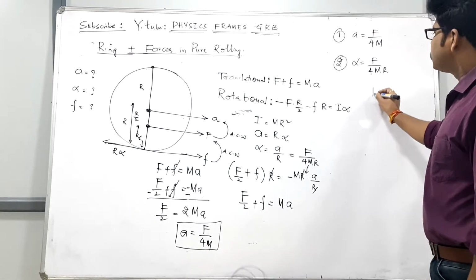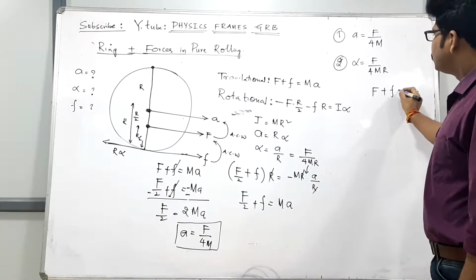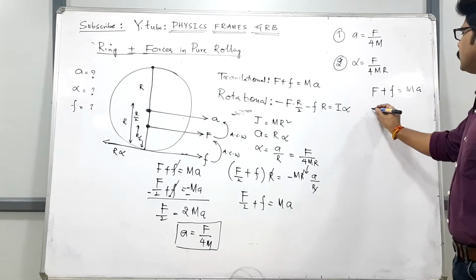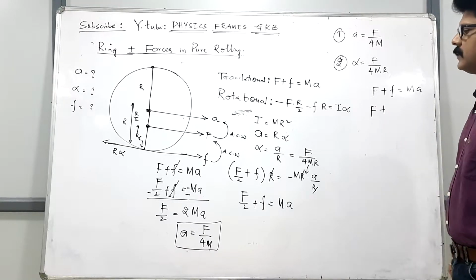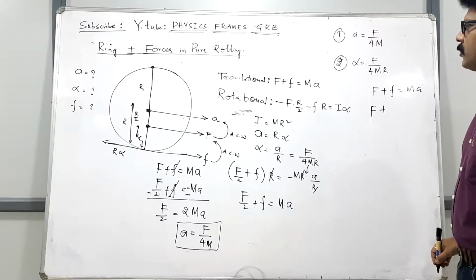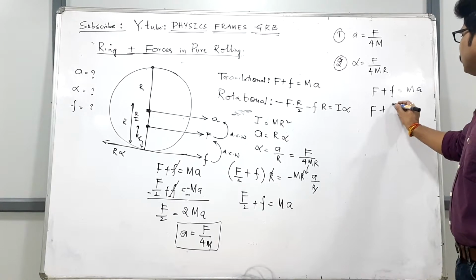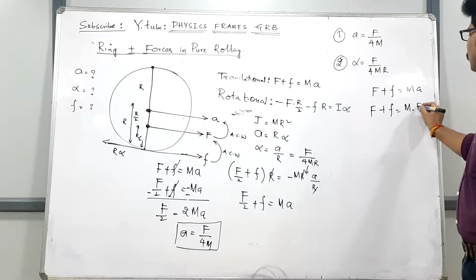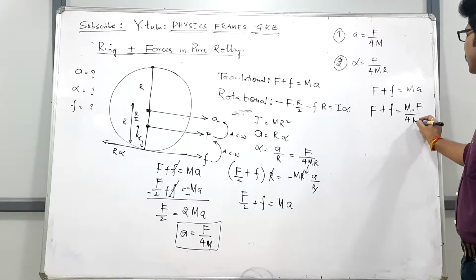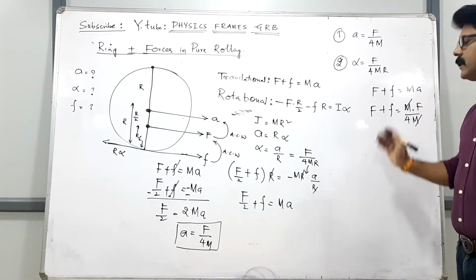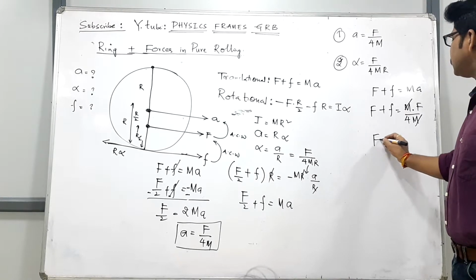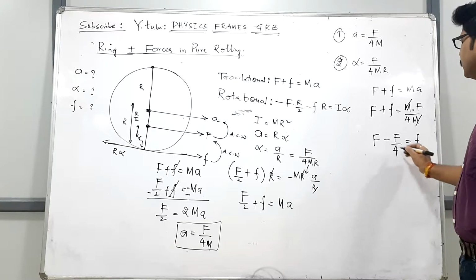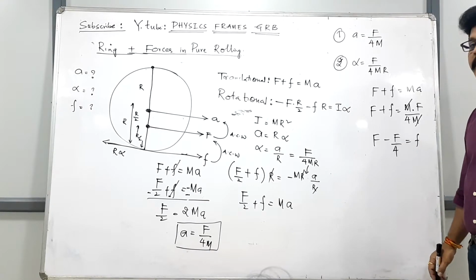So F plus f equals M into A. Simply substituting, F plus small f, which we have to calculate, equals M into small a, which is F by 4M. M will get cancelled. Take this, f equals F minus F by 4, that means we are getting 3F by 4.